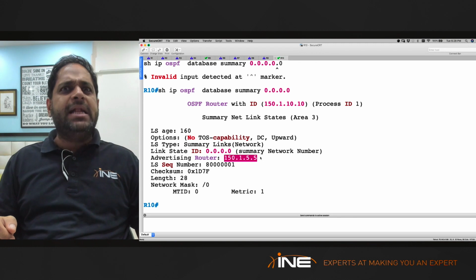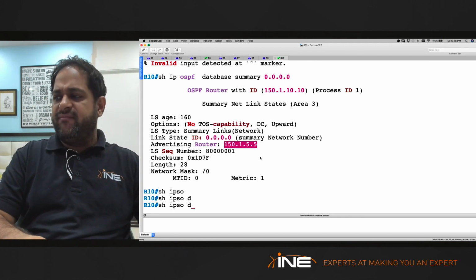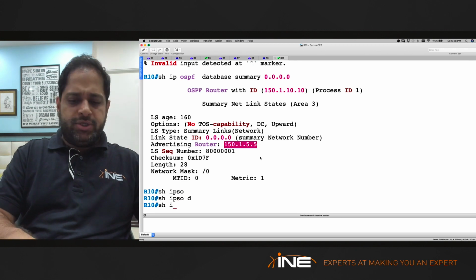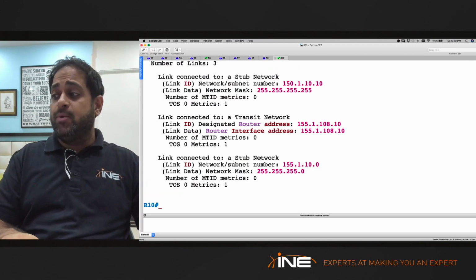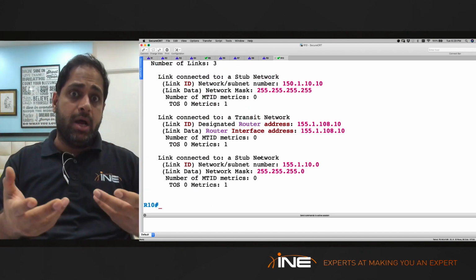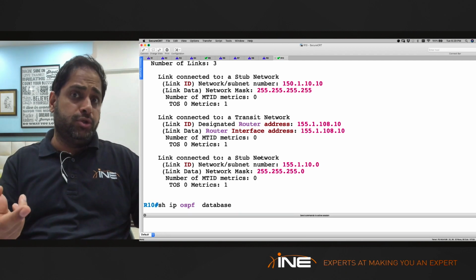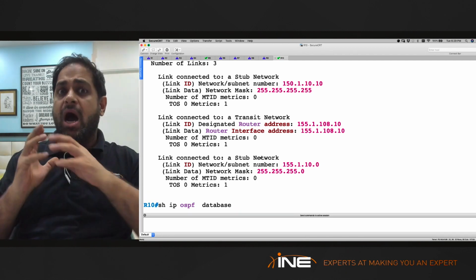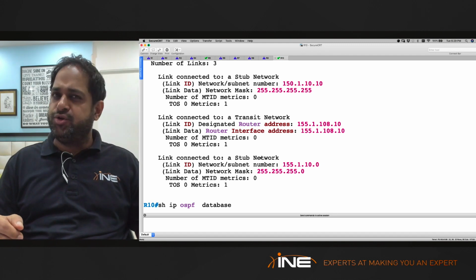I still have inter-area routes. So if I look at my database, show ip ospf database, let's do a show ip ospf database router LSA. I still have LSA 1, which is intra-area routes. And I should have LSA 2 also, because my connectivity between R8 and R10 is a broadcast environment. I did not change it to point-to-point.